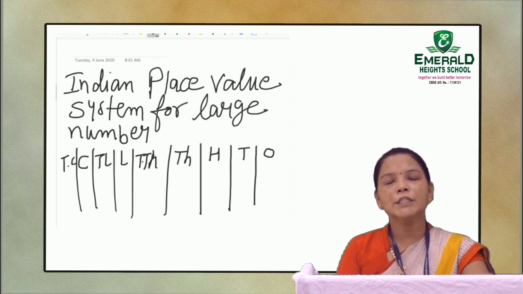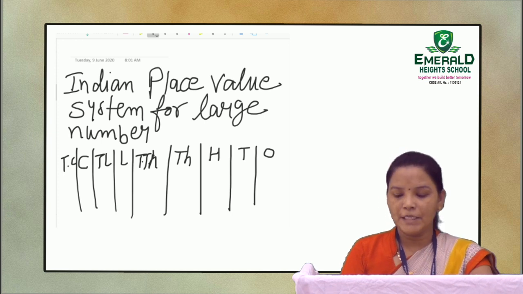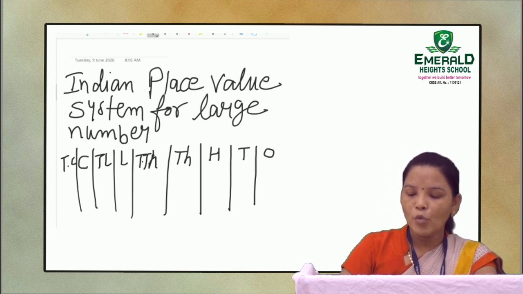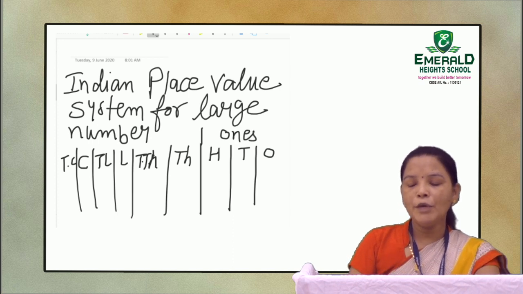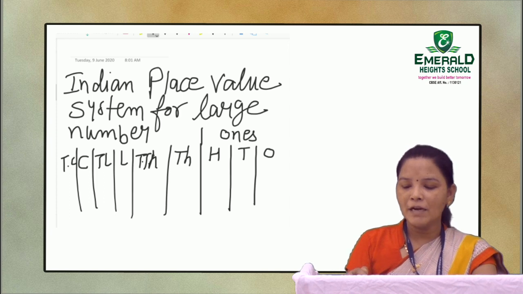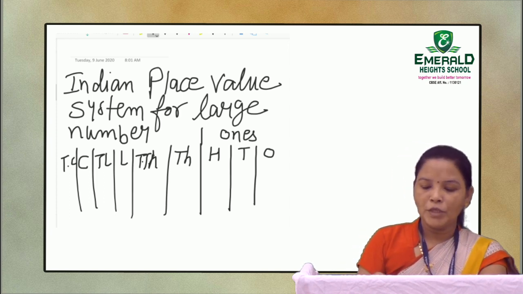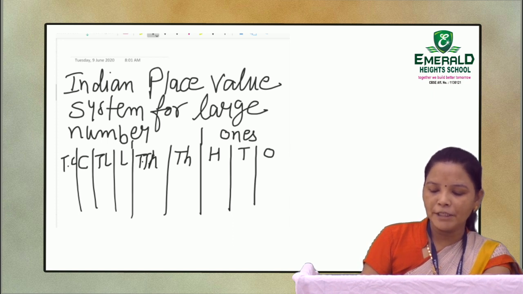Now here we have arranged the places, but along with the places we have the periods, as we have ones period. Now in ones period there should be 3 digits. The places for those 3 digits are hundreds, tens and ones. Then comes thousands period.